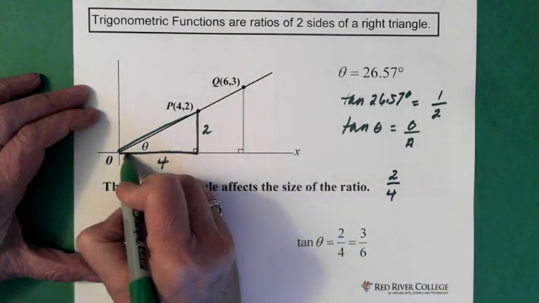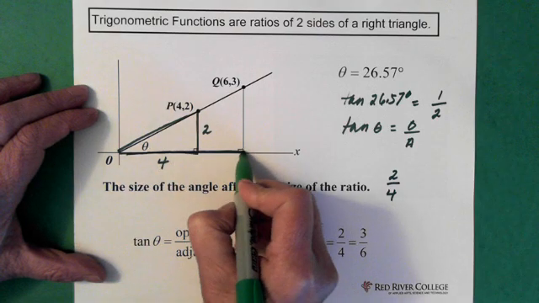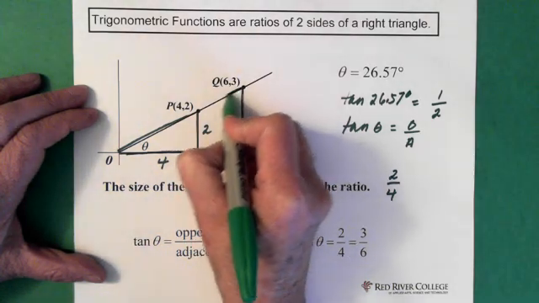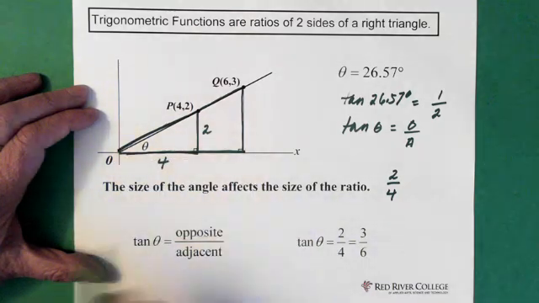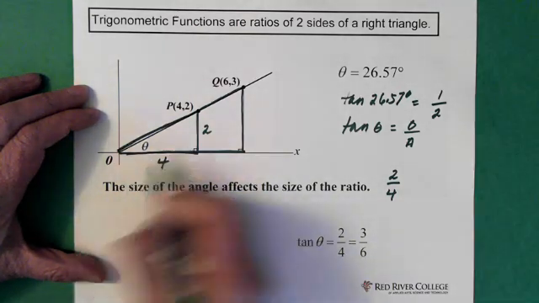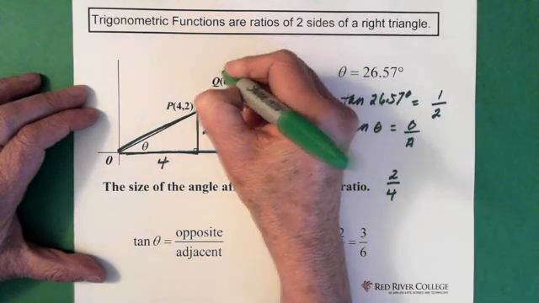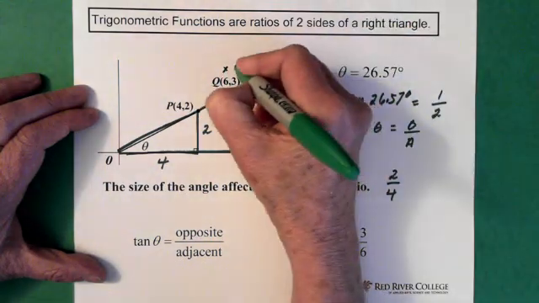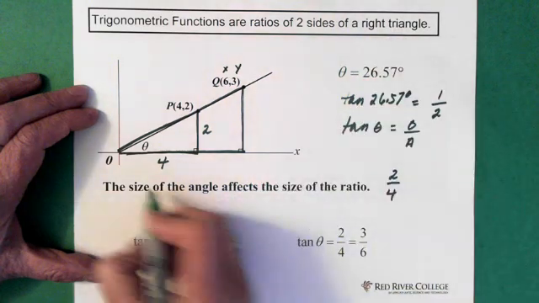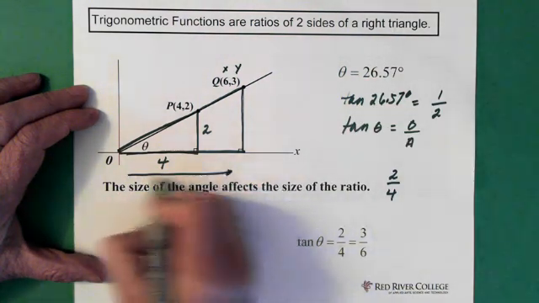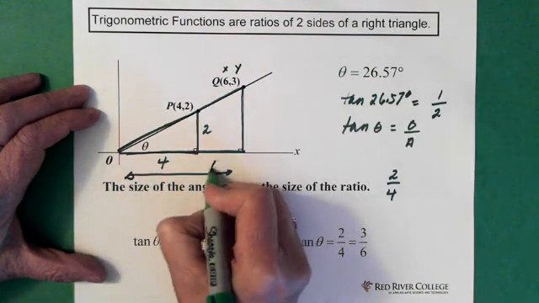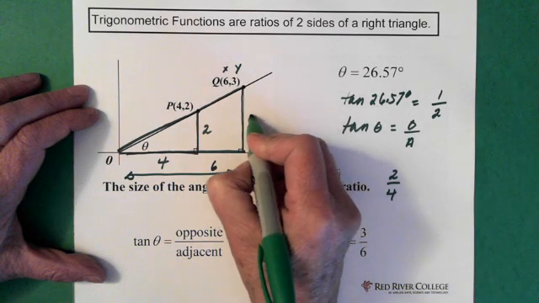And when we look at the larger triangle here, since we have 6 and 3 here, 6 is our x and 3 is our y. So this distance here is our 6 and this is our 3.